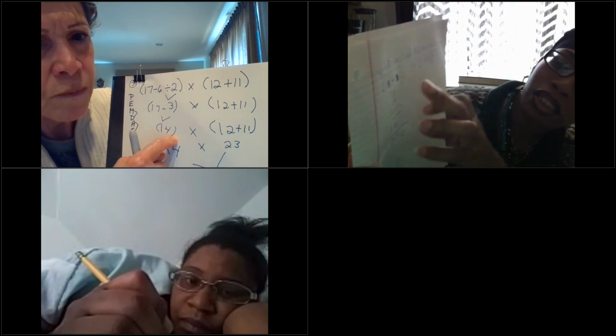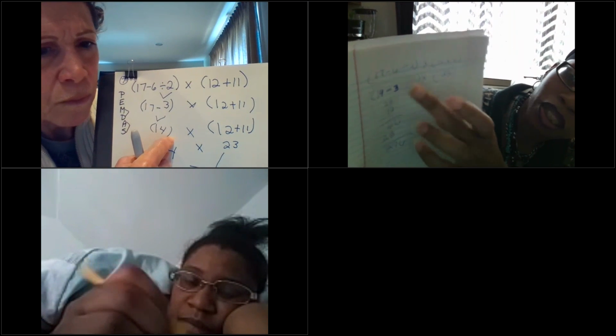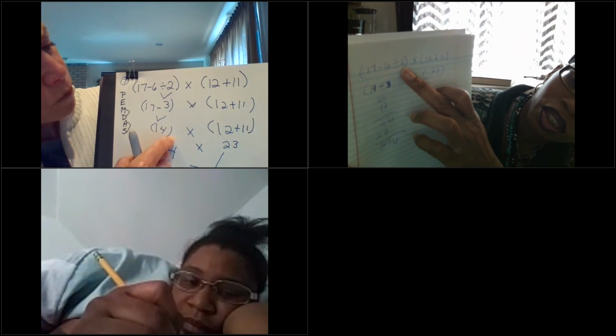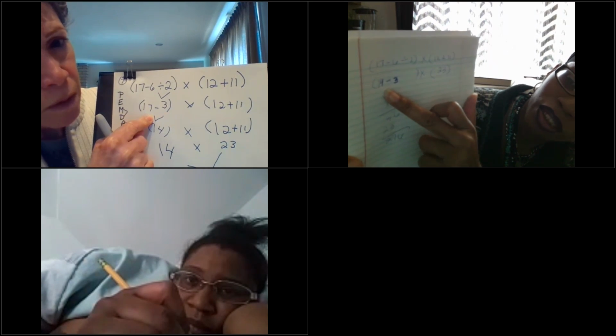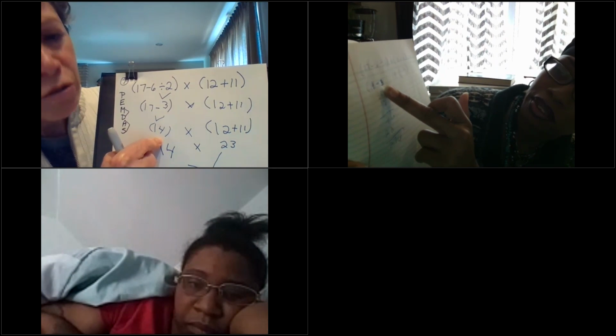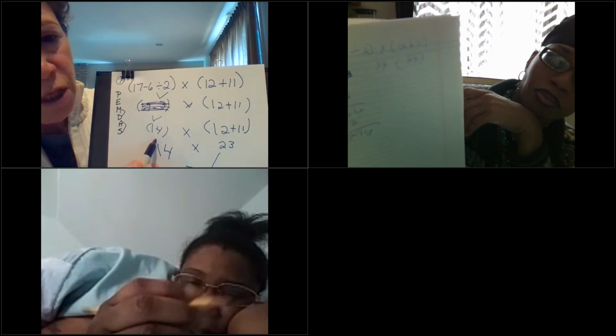Oh, well, I guess this is where I got it wrong, because I did this first, the 6 divided by 2, and that's then 3, and then minus this, 17 became 14. Right. So I guess I used the 3 again. Yeah, you did. What you should have done is crossed out there and seen that you were at 14.